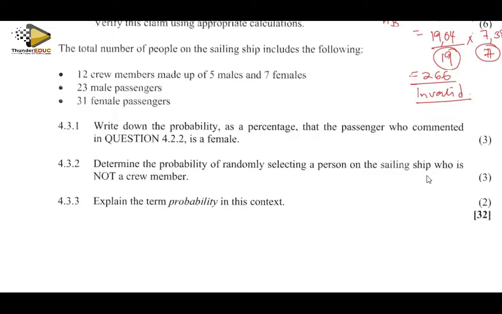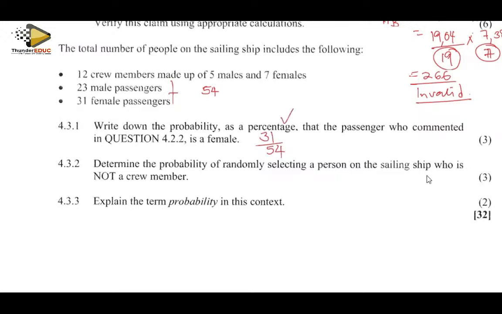So all you're going to do, because you're looking at passengers only, you're going to add the number of passengers first. So 23 plus 31, you end up having 54. Out of the 54, how many are female? We have 31.